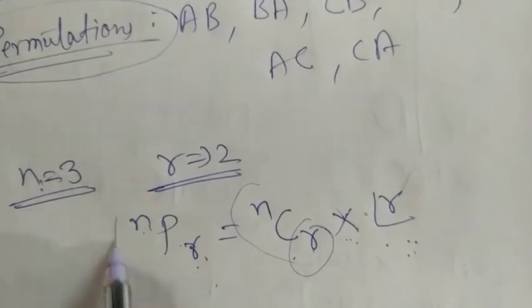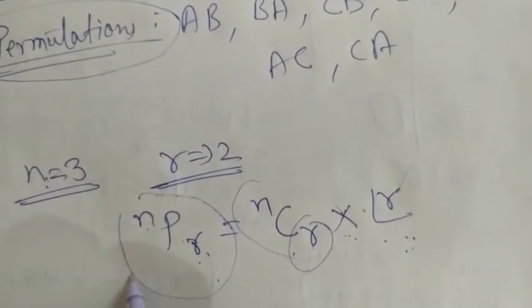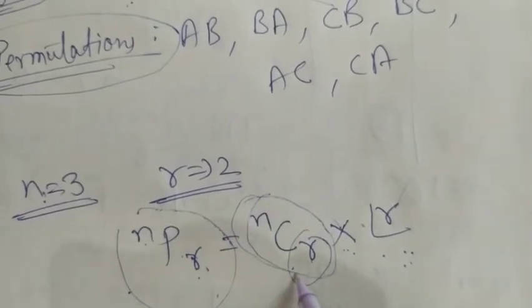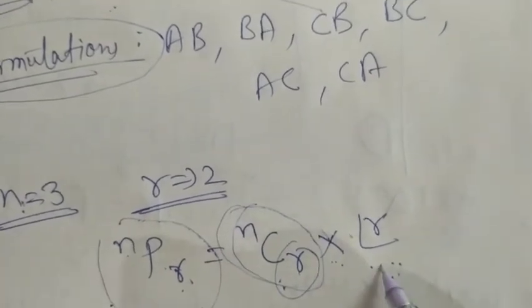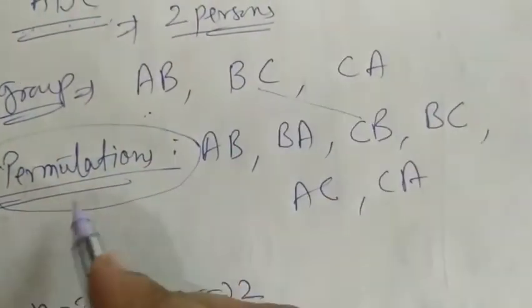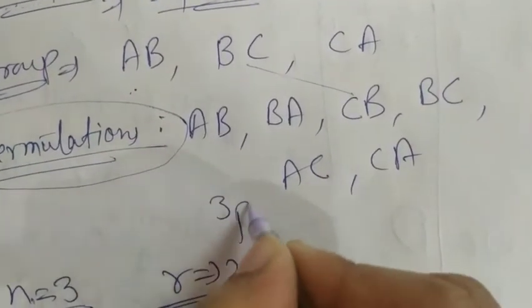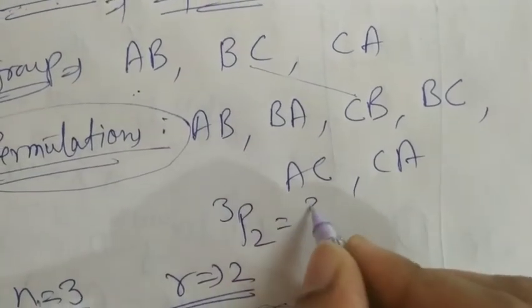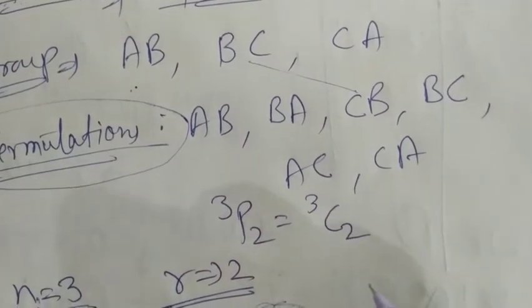So to find permutation, I am taking first a group of r objects and after that I am arranging the r objects. That's the same I have done here. From 3 I am taking 2 to find permutation. It means from 3 I am choosing 2.